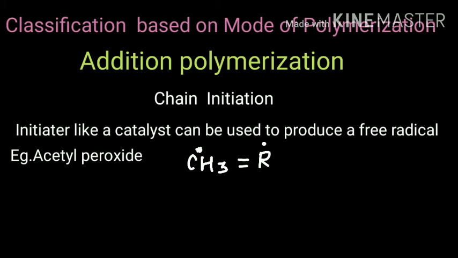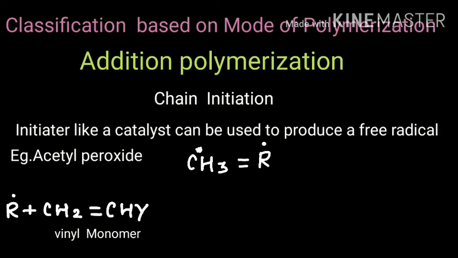So we are taking the free radical, which is denoted by R dot, and we are going to attach it to a vinyl monomer with the formula CH2=CHY, giving us a new radical, that is RCH2CHY.